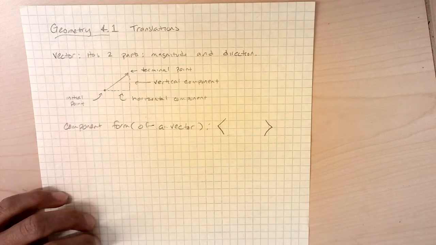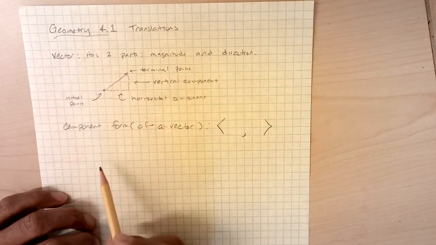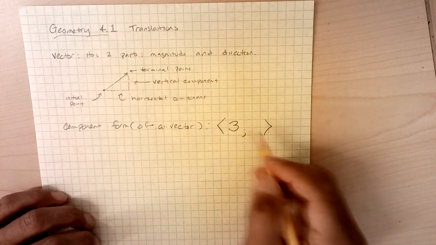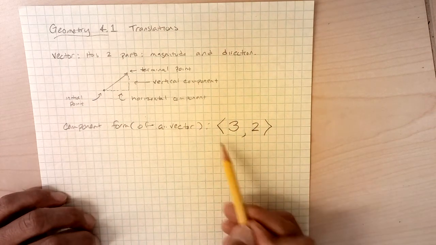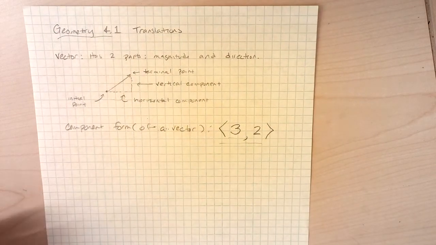It's just your x direction. And then the second number is the y direction or the vertical component. So in this case, for this specific vector, again, it's 3 units to the right. So 3 is the horizontal component, and then 2 units up is the vertical component. So this is what's known as component form, specifically of a vector.